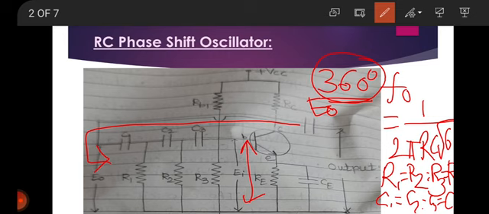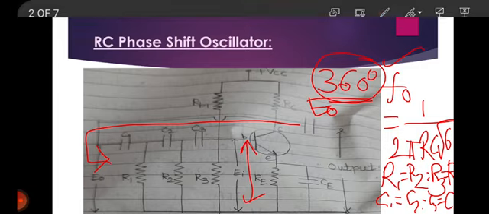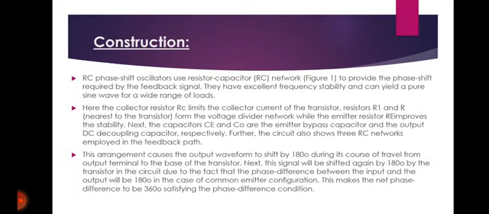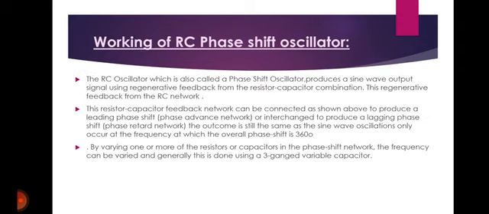Therefore, 360 degree phase shift means positive feedback is achieved. So this is the phase shift oscillator. This is the construction in detail for your reference, and this is the working.